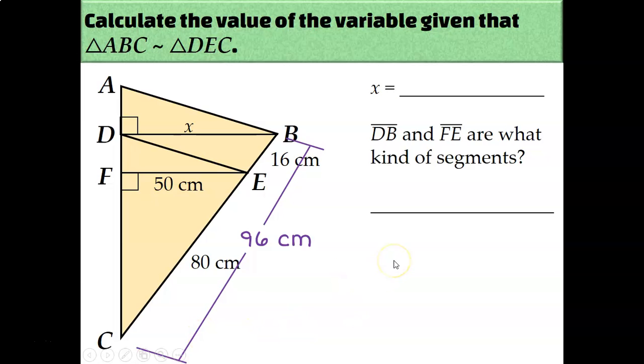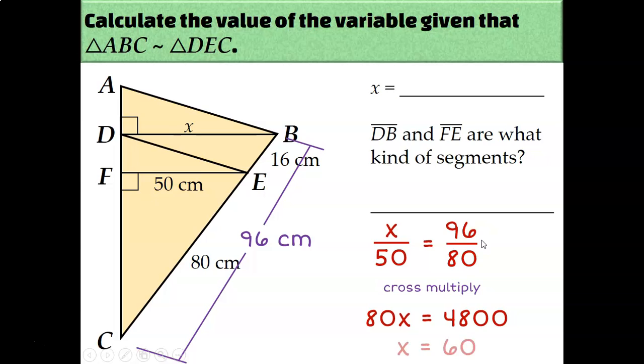Okay, so let's set up our proportion. X over 50, so that's big altitude over little altitude, is equal to 96 over 80. So that's big side length over little side length. Cross multiply and solve, and we find out that x is equal to 60 centimeters. And these were altitudes because they were perpendicular to the third side.